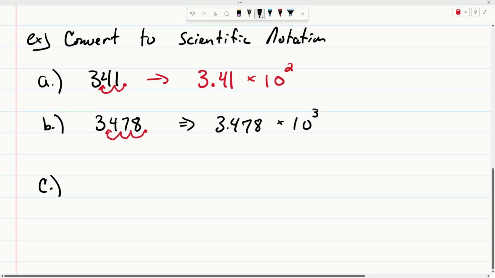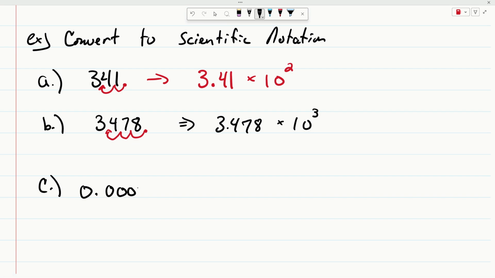On the other side of this, let's say I had something like 0.0000741. All right. Well, all we're going to do is move the decimal so that it forms a number between 1 and less than 10. So 1, 2, 3, 4, 5. So this is going to be 7.41 times 10 to the negative 5.